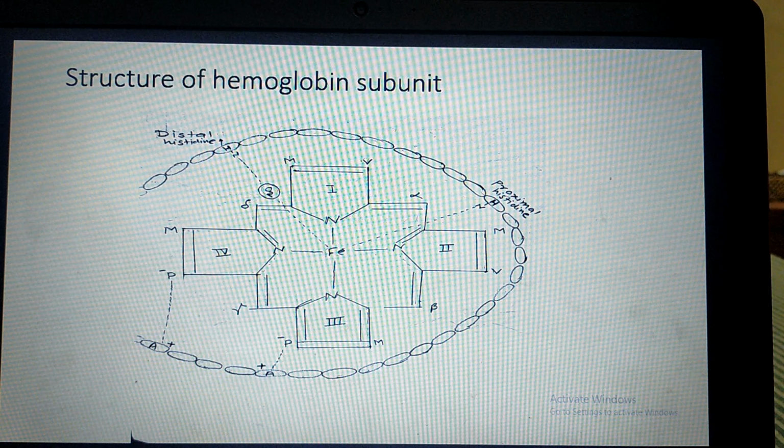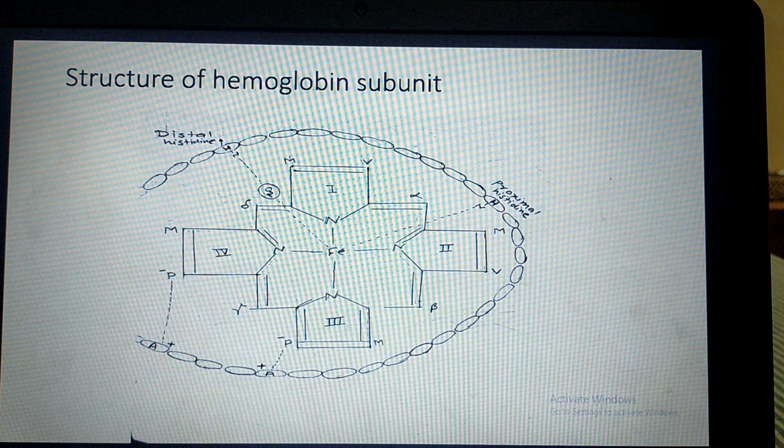Iron is directly attached to one of the histidine nitrogens and forms a coordinate bond. That histidine is called proximal histidine. In another case, when iron is in ferrous form, it forms a coordinate bond with an oxygen molecule, and that oxygen molecule forms a hydrogen bond with another histidine molecule, which is called distal histidine. It does not mean that only 2 histidine molecules are present in the globin chain.